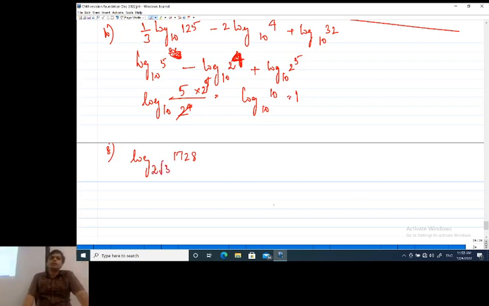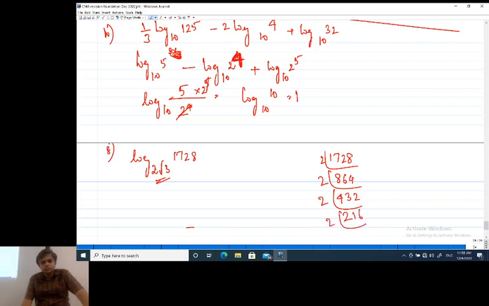Okay. Whenever the base is like this, start factorizing the required number. So 1728, I am factorizing by 2. What do you get? Again by 2, again by 2, again by 2, again by 3.